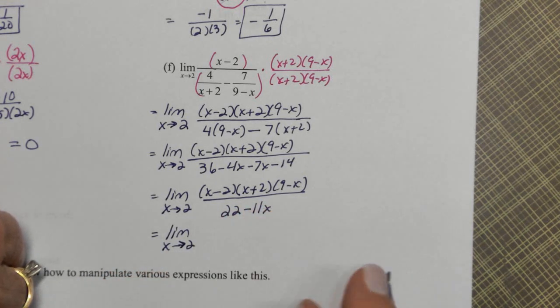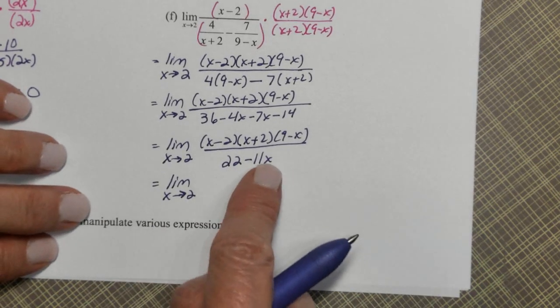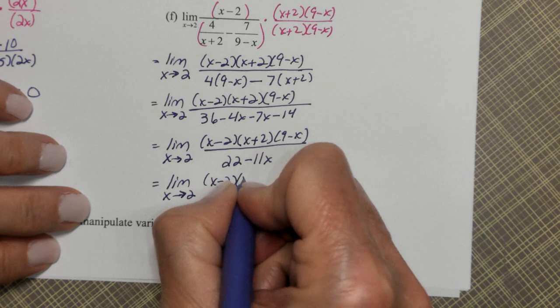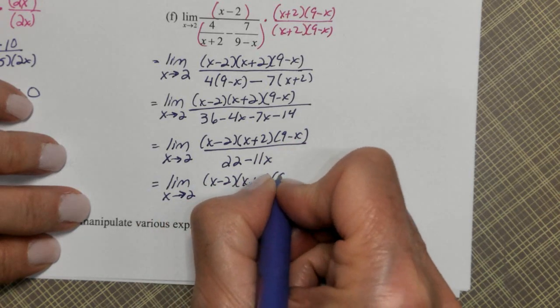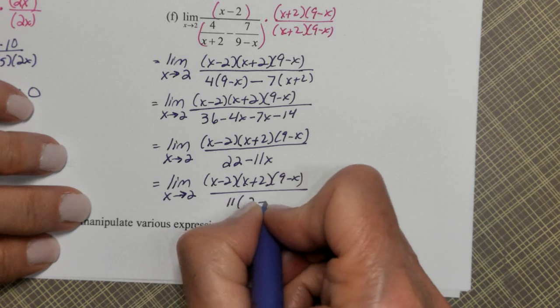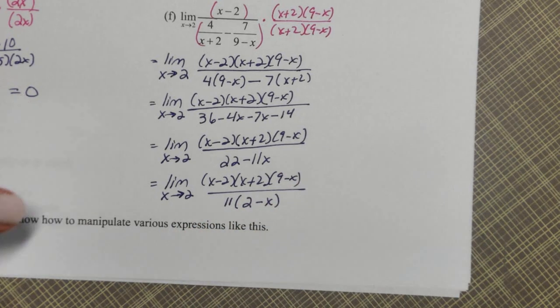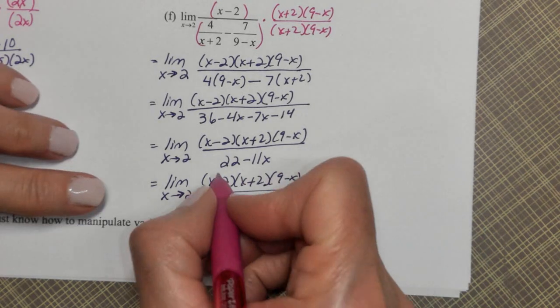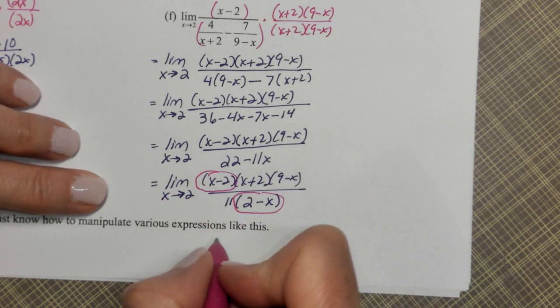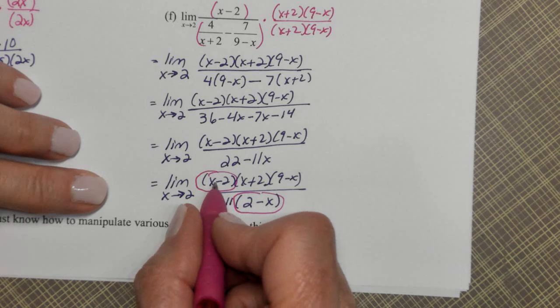Okay, where's our hole? Well, we don't know yet. We can factor out an 11 though, can't we? So take out an 11 and we're left with 2 minus x. Okay, did we find our hole? We sure did. We found our hole. They're not identical though.